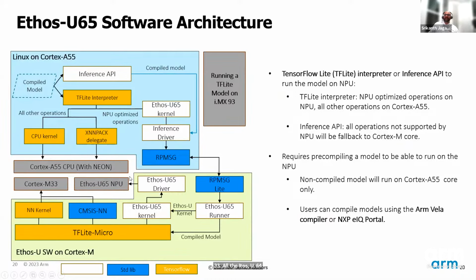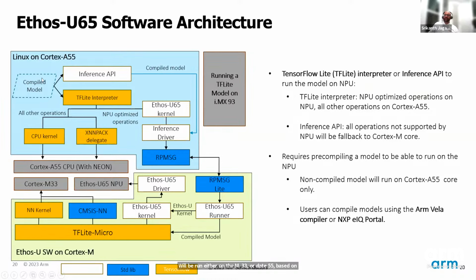So when the compiled model goes through the inference API, it finds the operators that are suited for the NPU, and those operators are run on the NPU. Anything the API finds that cannot be run on the NPU will be run on either the M33 or the A55, based on which engine you're using.